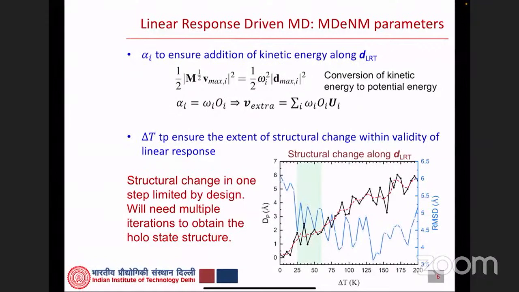Secondly, I perform multiple iterations, and one main benefit of this multi-step process is that in addition to the end state structure, you also get information on intermediates. The target was to get information on intermediates, and this protocol automatically gives me some. Are those intermediates good or bad? We'll discuss later.